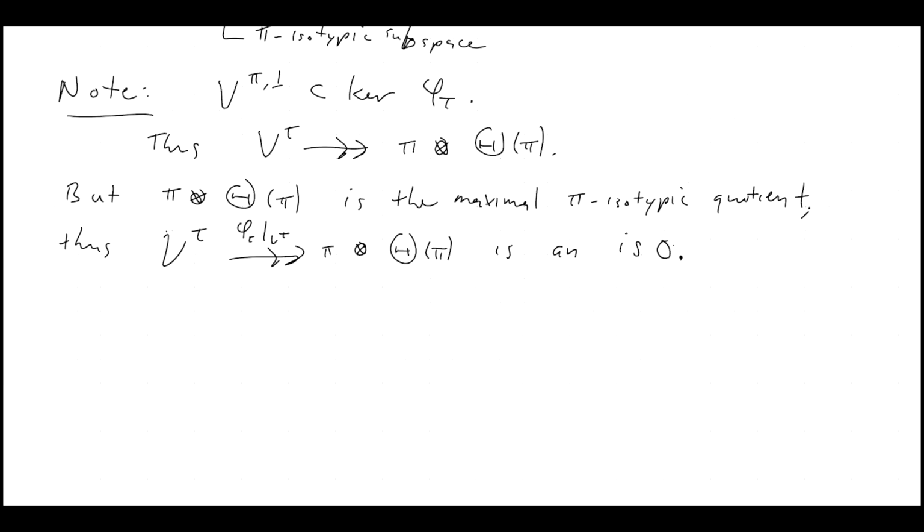Okay. All right, so what's the significance of this? So this tensor product is isomorphic to the tau isotypic subspace. I'm sorry. Again, all taus are pi.